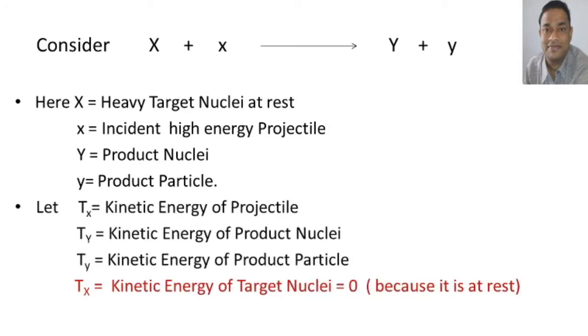Now if the kinetic energy of these particles is denoted by T, then T small x will be the kinetic energy of projectile, T capital Y the kinetic energy of product nuclei, and T small y kinetic energy of the product particle. Now remember that T capital X is equal to 0 since it represents the kinetic energy of the target nuclei and we have assumed that the target nuclei is at rest.